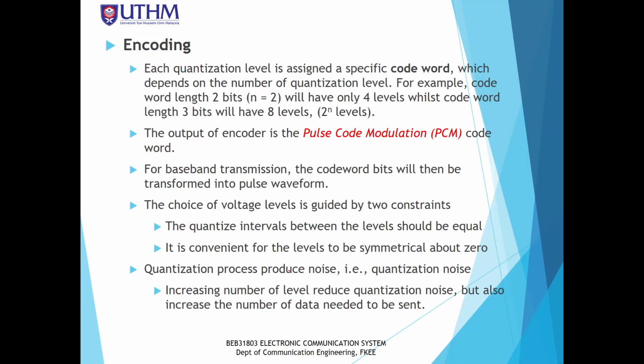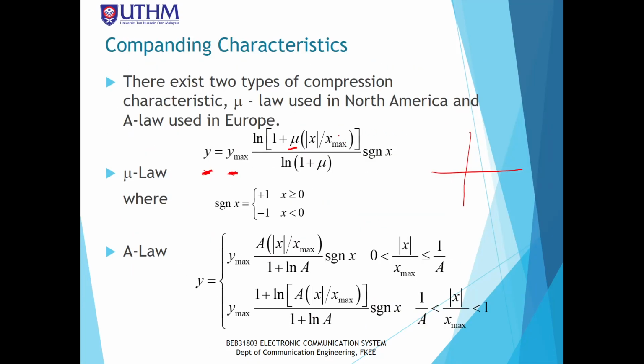Mu is multiplied with x, which is referring to the input. X is the value, because x depends on the range of input.